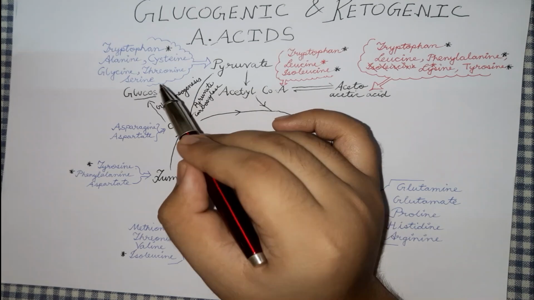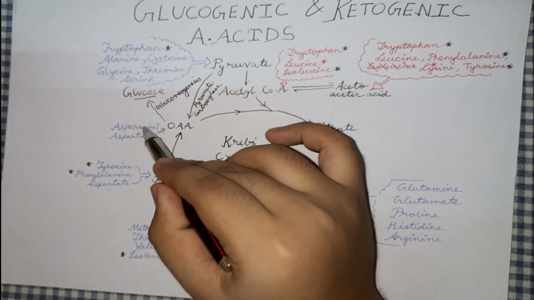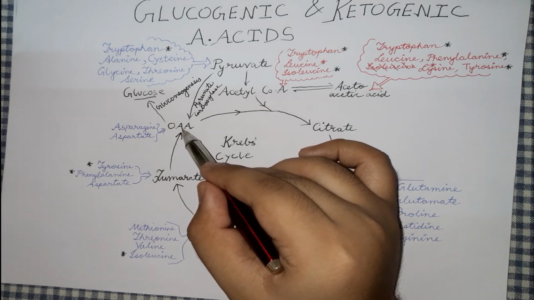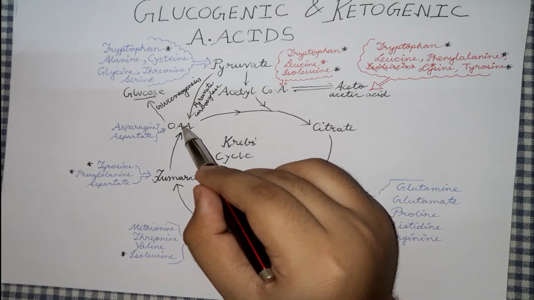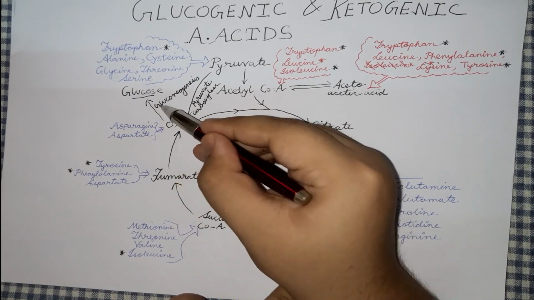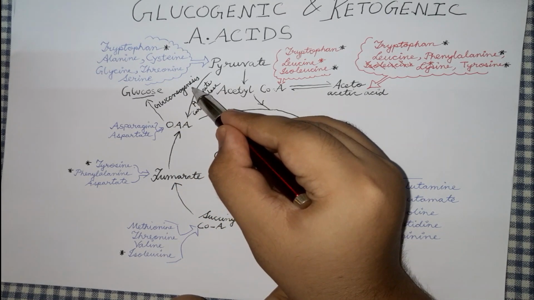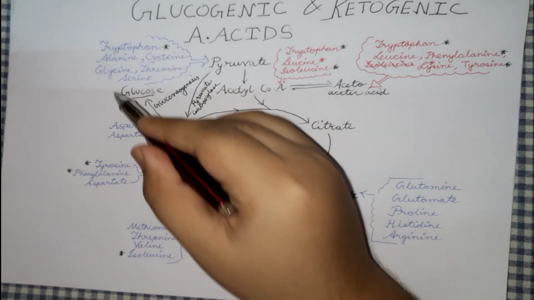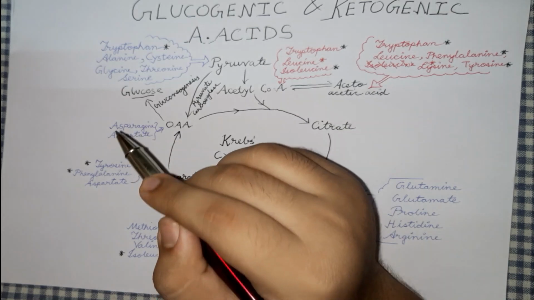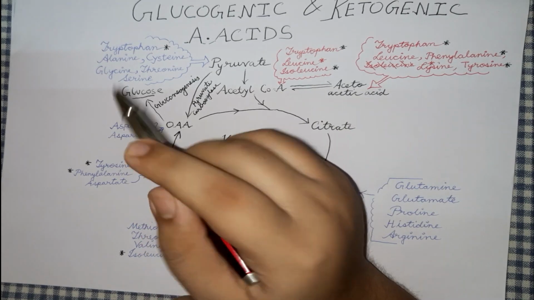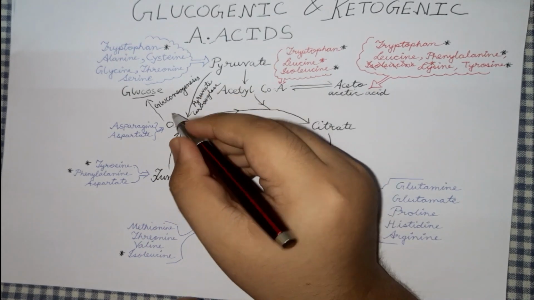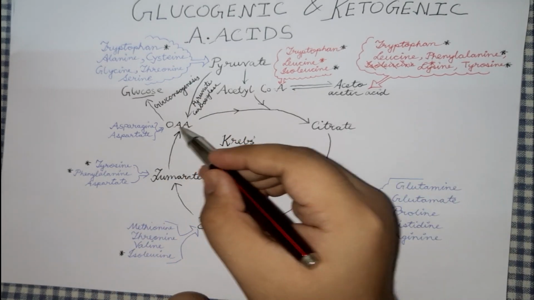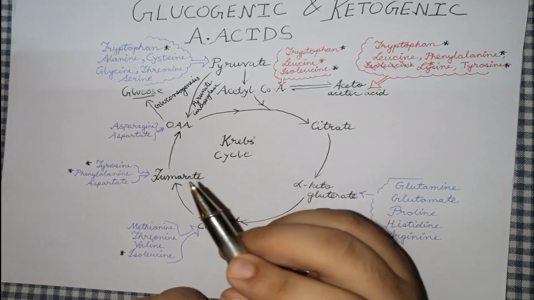So all those amino acids which ultimately lead to the formation of oxaloacetic acid, and which in turn, by the process of gluconeogenesis, forms glucose, all these amino acids are called glucogenic amino acids. Alright, so the requisite is that ultimately, directly or indirectly, oxaloacetic acid has to be formed.